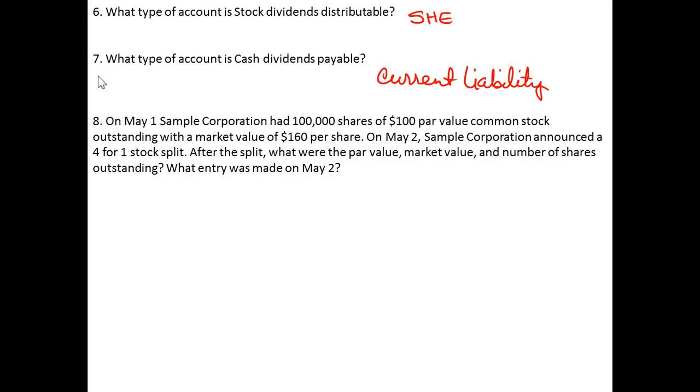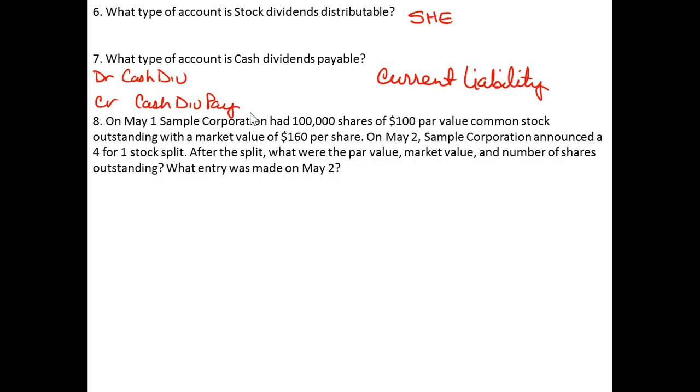And remember, on the date of declaration, you debit cash dividends or dividends, and you credit dividends payable or cash dividends payable. And that is for the amount of shares outstanding times the cash dividend per share.